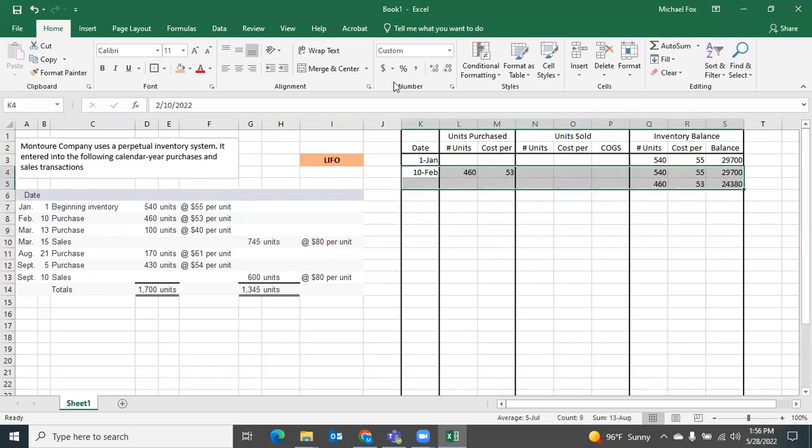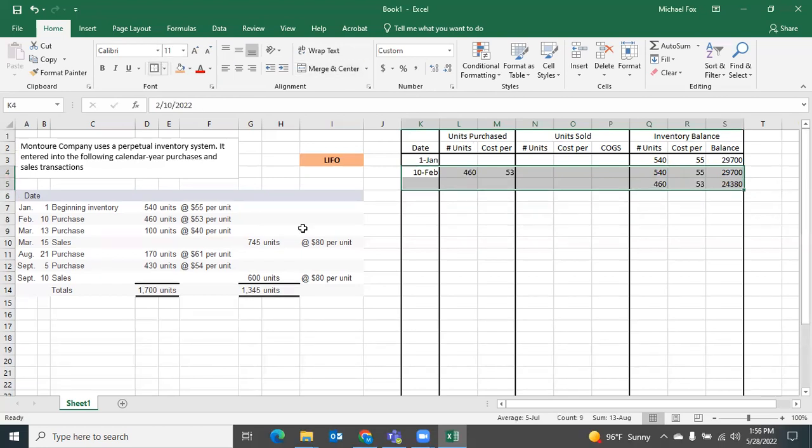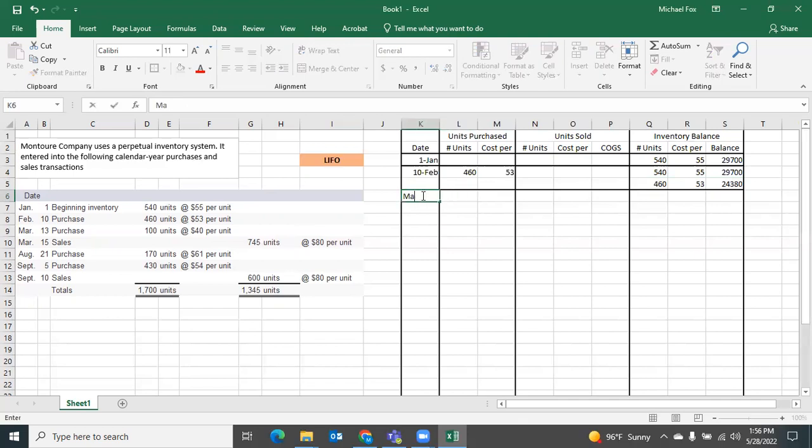If you've already done first in, first out, you'll notice that this process of purchases is identical. It's only when we get to units sold where it's going to look different. Okay, so on March 13th, they purchased 100 units at $40.